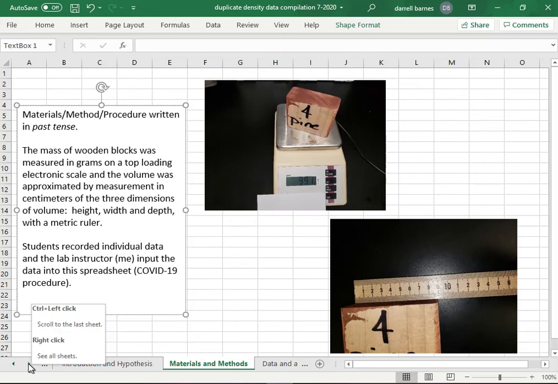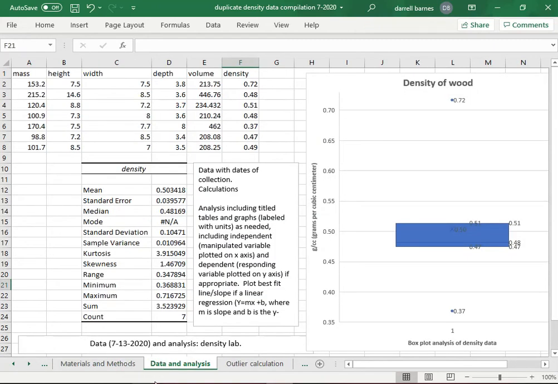Okay, let's go to data and analysis. Here's the data, and there were some formulas used here, as you can see. Data with dates of collection, calculations, analysis, plot best fit. Okay, a regression does not really work here.